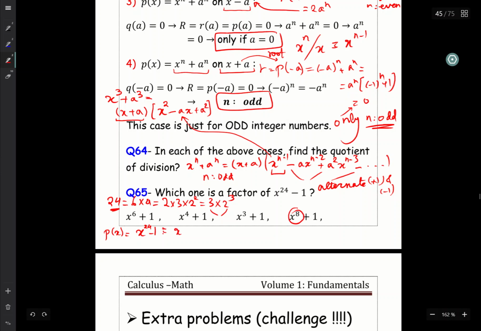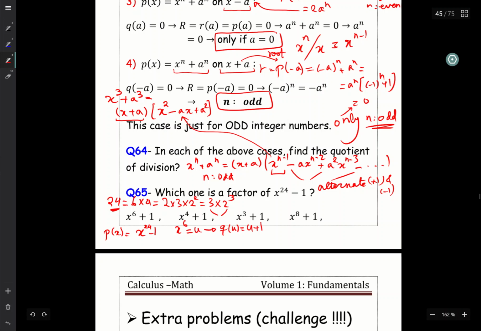So if I write x^8, basically what I can do is make a change of variable. Let's start from x^6. If I consider x^6 as another variable u, then my q as a function of u is u plus 1.